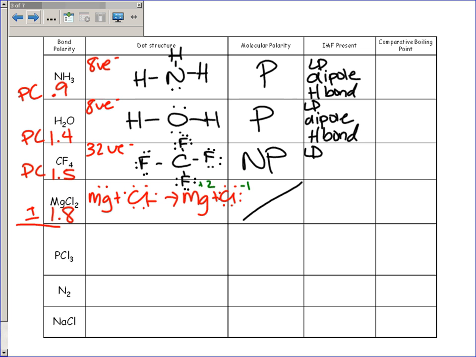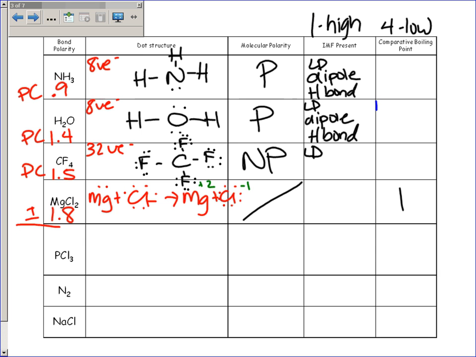Now, to do my comparative boiling point, I'm going to list these from 1 to 4, 1 being the highest, 4 being the lowest. This is pretty easy because I only have one ionic compound, so this has got to be the first one. The second one is either going to be NH3 or H2O, and I'm going to determine which one it is based on the molar mass.